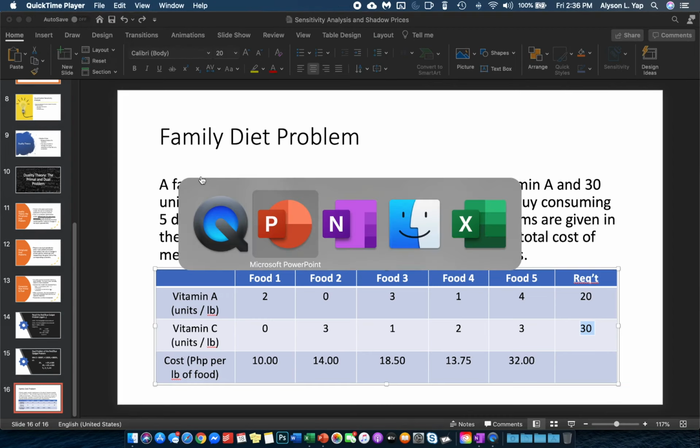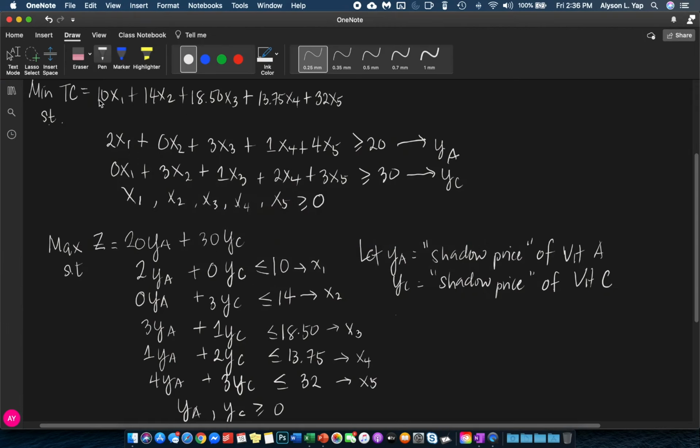So everyone understands why the objective function is 10x1 plus 14x2, etc., and why there are two variables here. Okay? But I don't think everyone understands why the objective of the dual problem is to maximize, why the objective function of the dual problem is 20YA plus 30YC, and why there are five constraints for the dual problem. Okay?